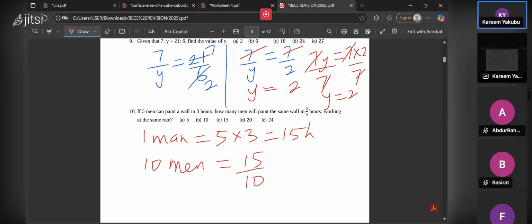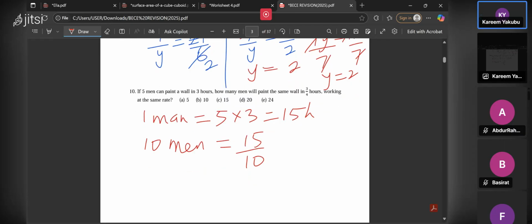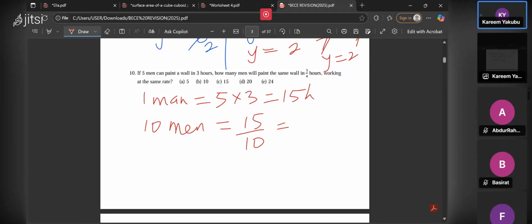Are you with me? 15 divided by 10. So now we have 1.5 hours. Since one man will use 15 hours to do the work, how many men will take 3 over 4 hours? That is the question.